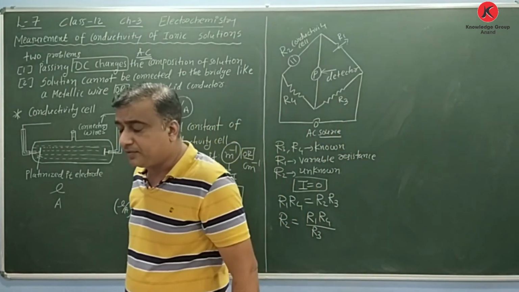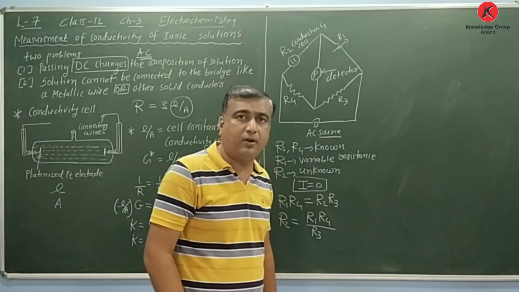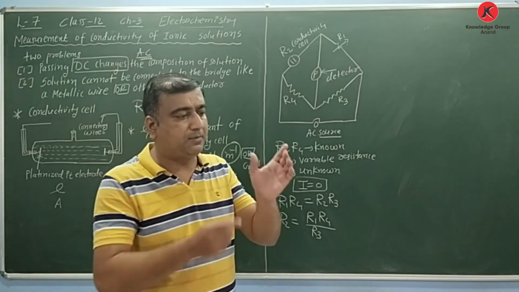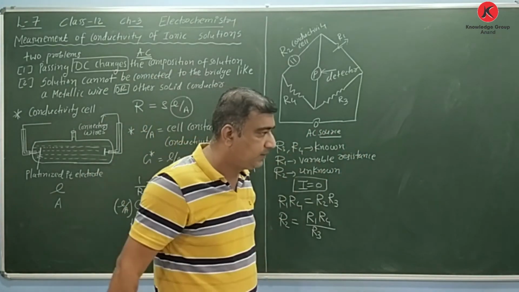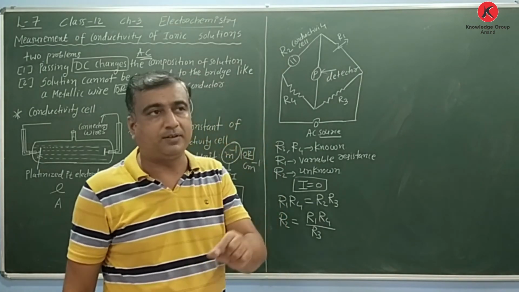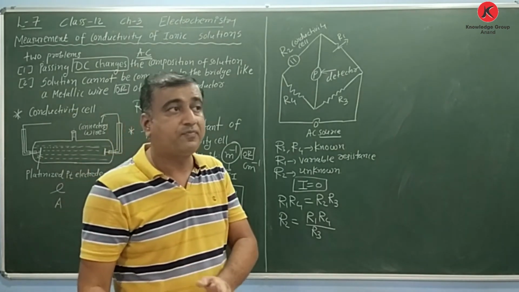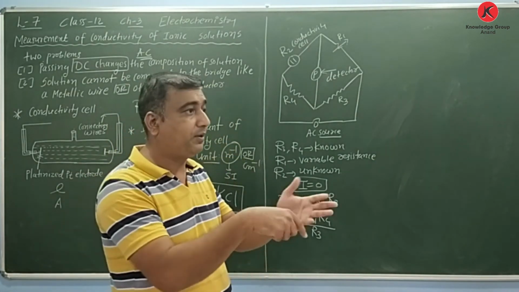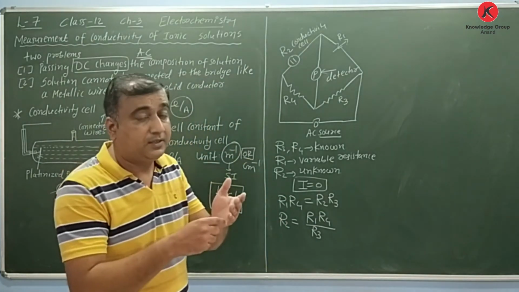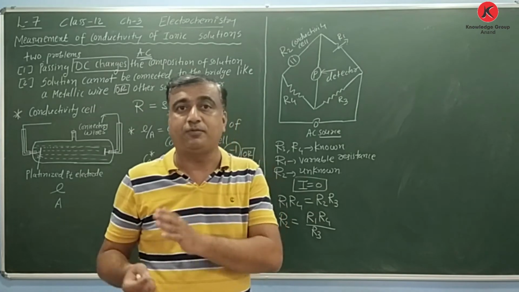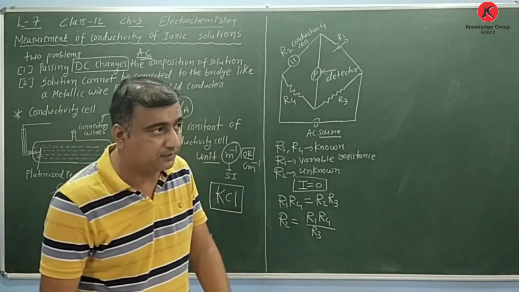Now when an electrolyte is dissolved in a solvent, suppose different electrolytes are dissolved in a given solvent, suppose water, at a given temperature, the conductivity of different electrolytes will be different, because the ions produced will be different and the size of ions will be different.